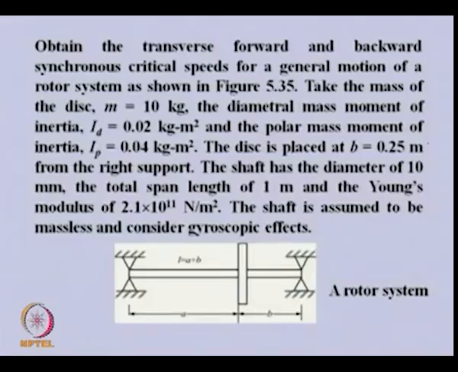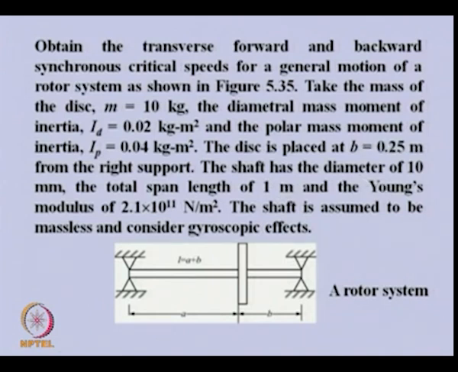Now we will take another example in which we will be considering coupling in a more general form. Let us say we have one rotor like this, in which we have an offset disk, and various parameters are given here: mass, ID, IP of the disk, span of the shaft, Young's modulus, the position of the disk.